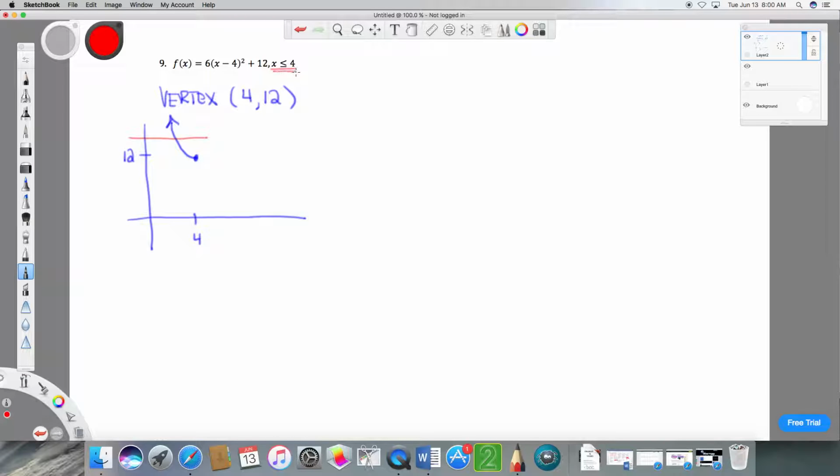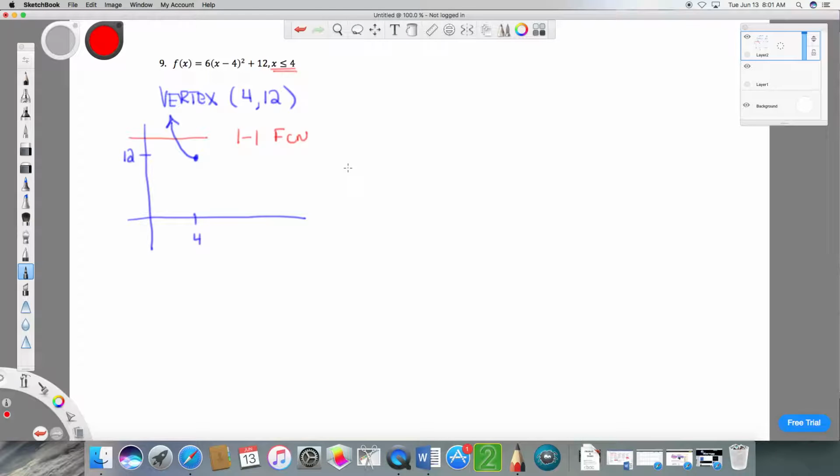So this restriction makes this function a one-to-one function. It's only one-to-one functions that have inverses that are also functions. So when I do find this inverse, I know that it's going to be a function and that itself is going to be a one-to-one function.